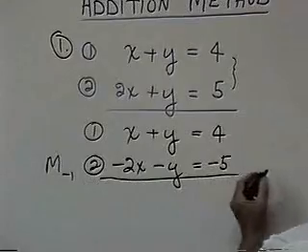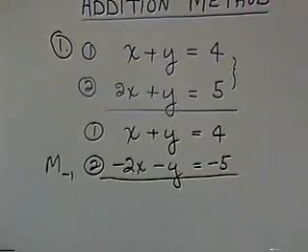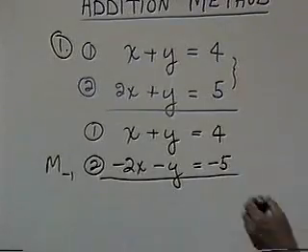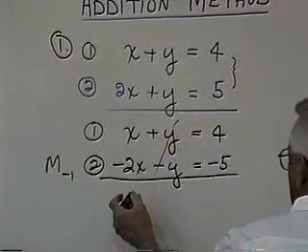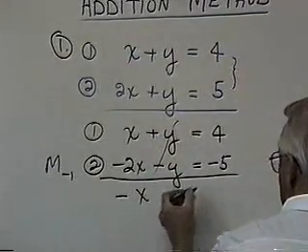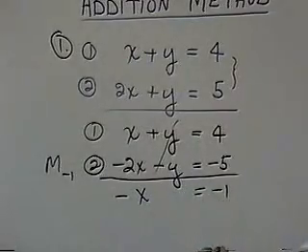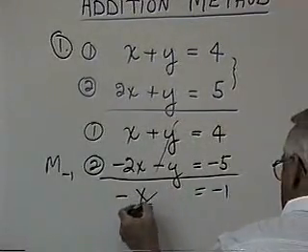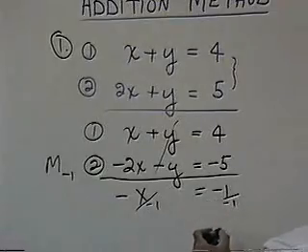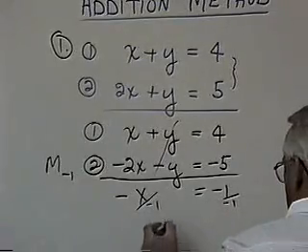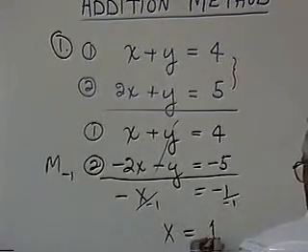And now if we add them, that's why we call this the addition method. So if we add them now, the y's drop out, and we have a minus x is equal to a minus 1. And now we divide both sides by minus 1, and we get x equals 1.